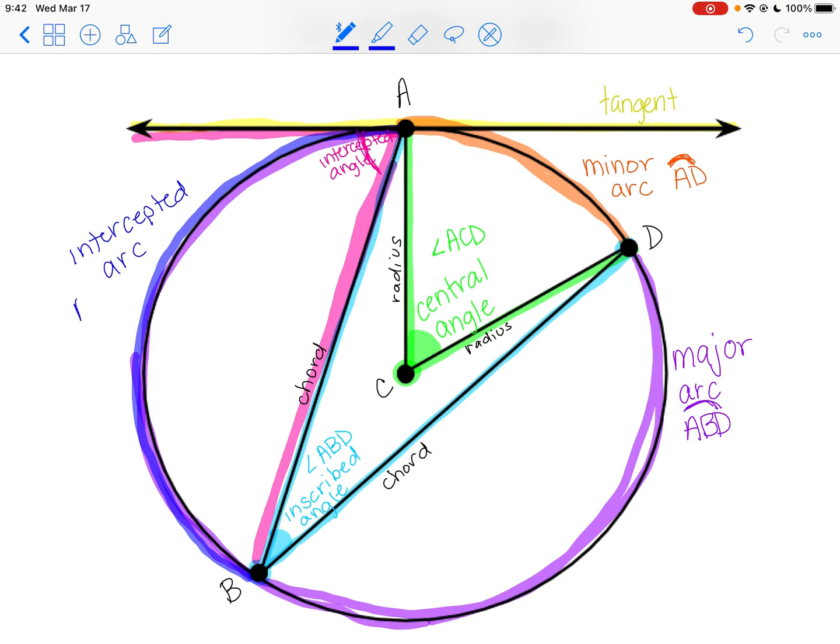So AB, also less than 180 degrees, would be another minor arc, so it is named with 2 letters. So that's our intercepted arc of this figure.